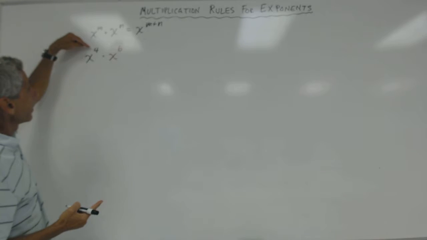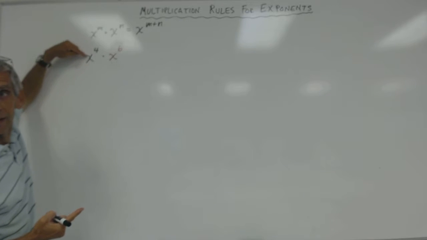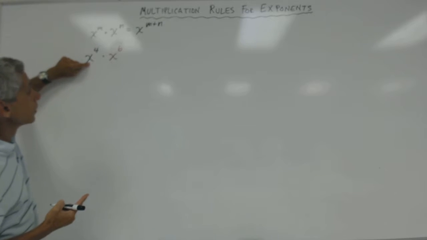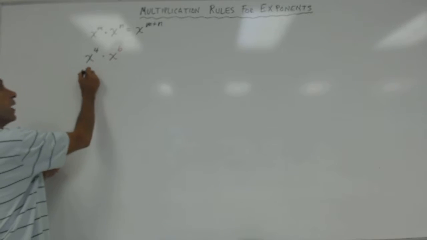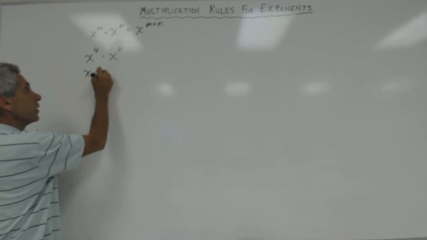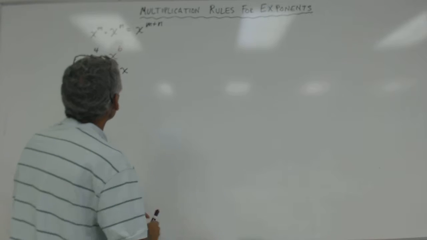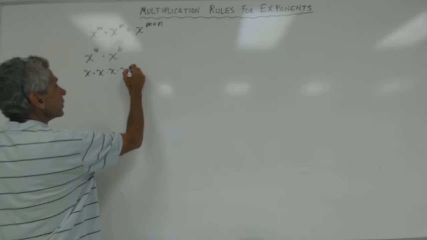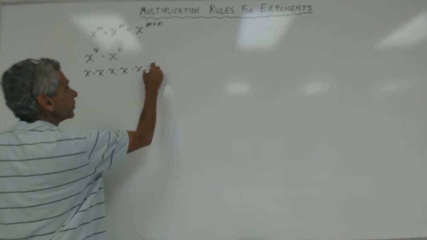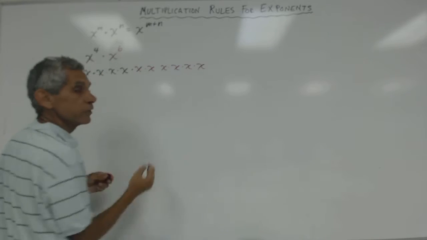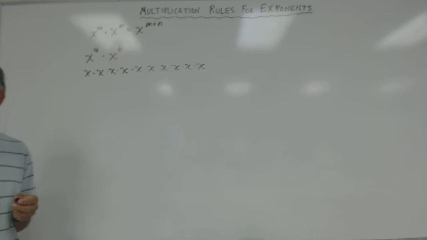That exponent does not ever multiply times the base. It just says that it's the base times itself 4 times. So that is x times x times x times x, and then this is times x times x times x times x times x times x. You guys agree with me? That's pretty straightforward, right?